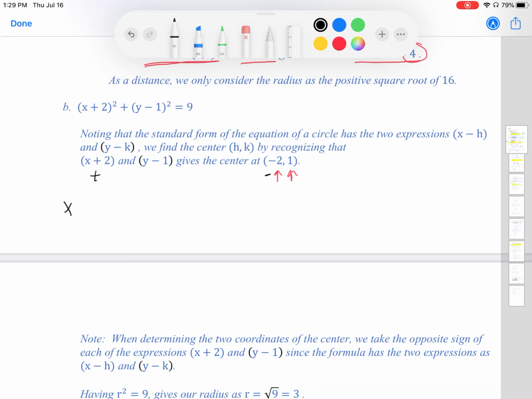So if I had x minus h squared and y minus k squared, to make it fit that, it would be x minus negative 2 plus y minus 1.